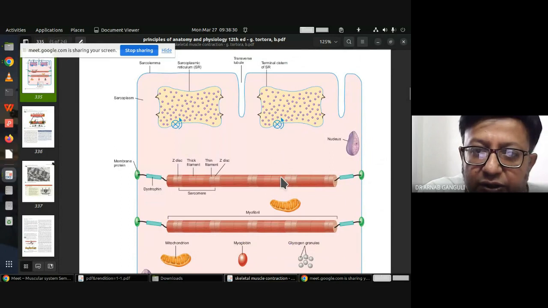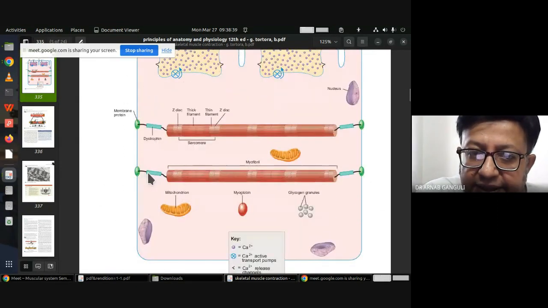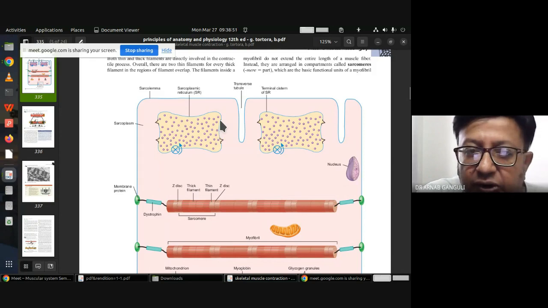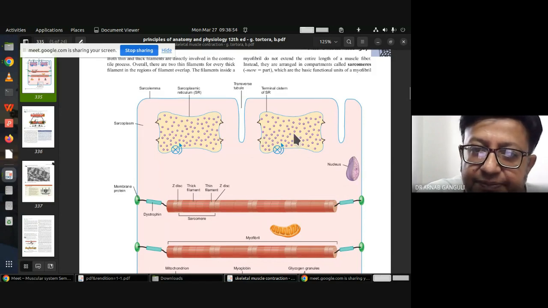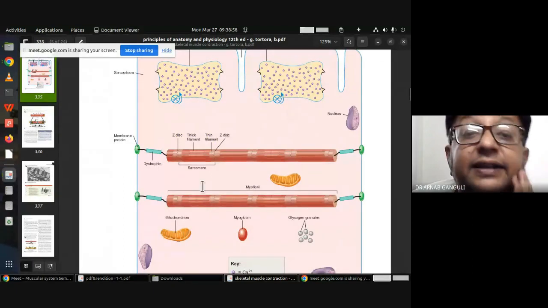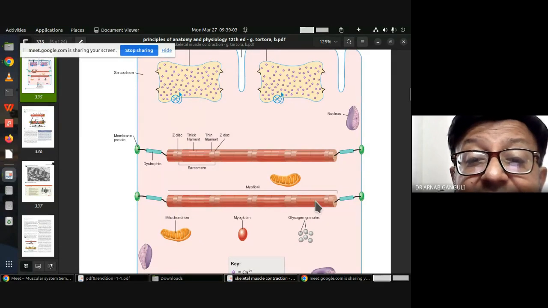So now let us look at how it looks. So this is the whole muscle cell, the fascicle. Inside the fascicle, this is the sarcolemma. Inside the covering sarcolemma, you have the sarcoplasmic reticulum, which is the counterpart of the endoplasmic reticulum. The nucleus is present, and these are the filaments.